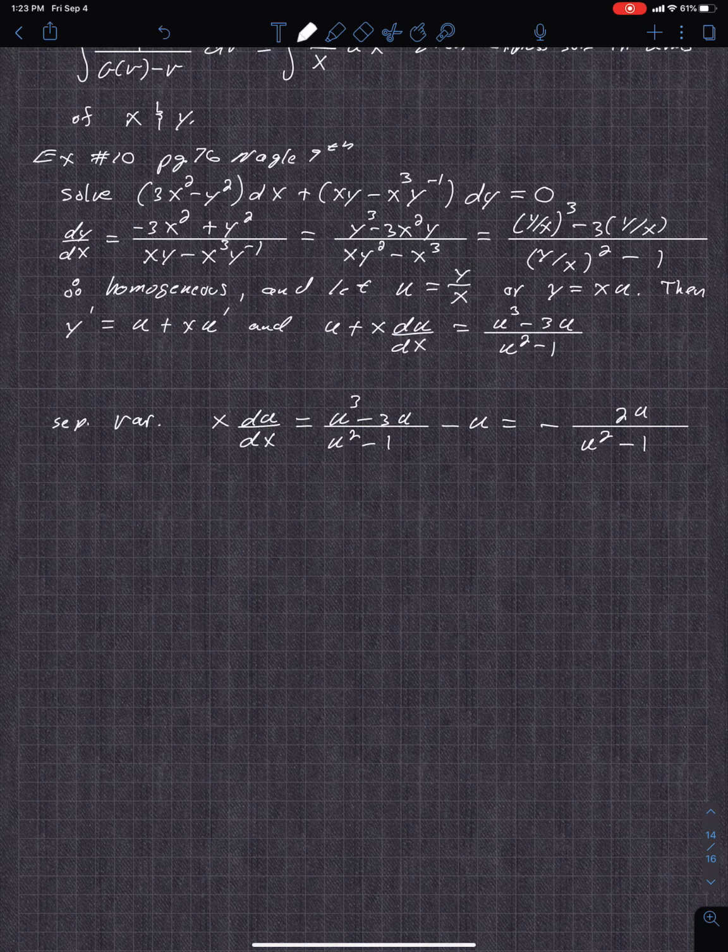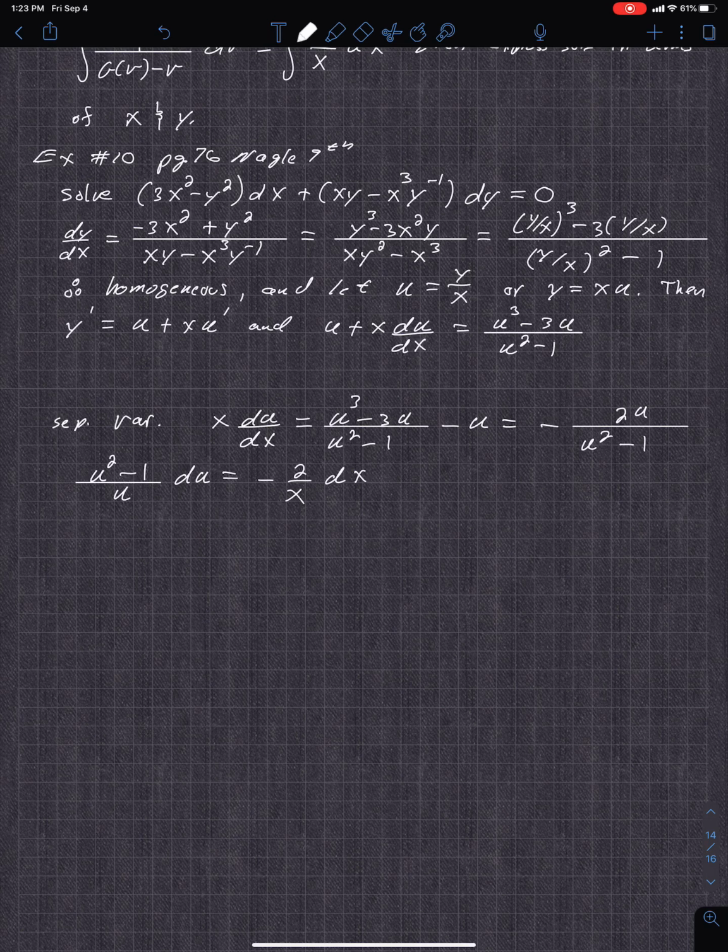Simplify that and you get u squared minus 1 over u du equal to minus 2 over x dx.